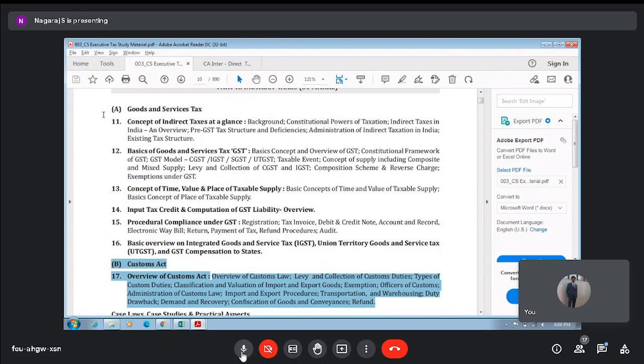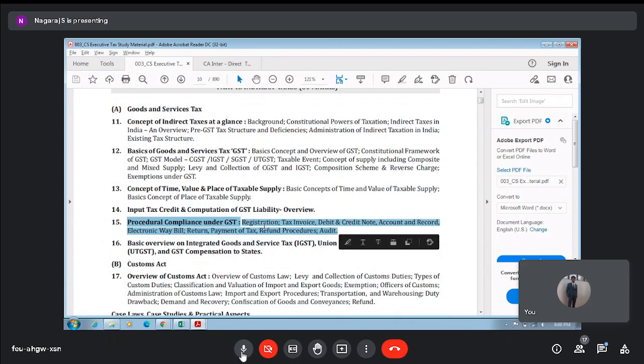See, it looks only 1, 2, 3, 4, 5, 6 chapters only, no? See here, in this chapter, how many chapters are there? Registration 1, tax invoice 2, debit and credit note 3, accounts and record 4, e-way bill 5, return 6, payment of tax 7, refund 8, audit 9, 9 chapters.